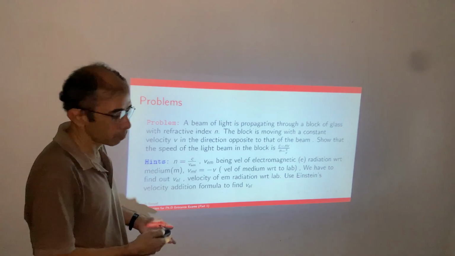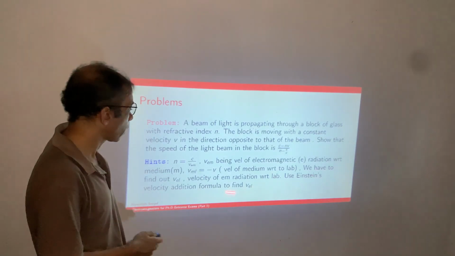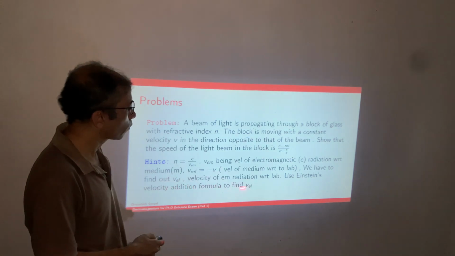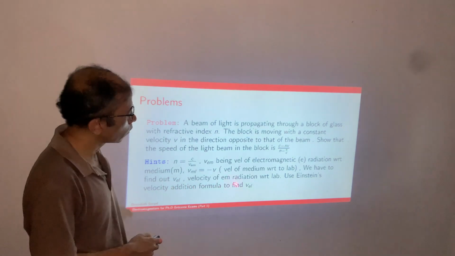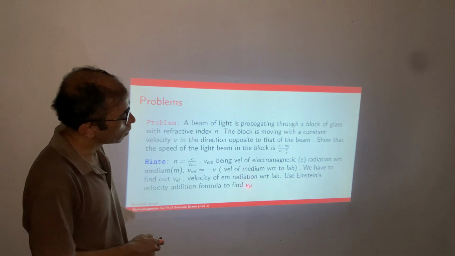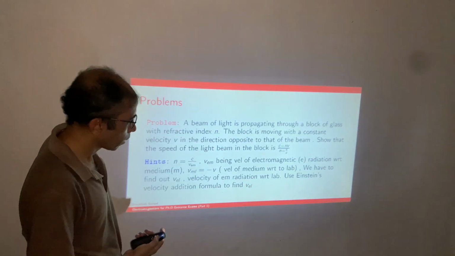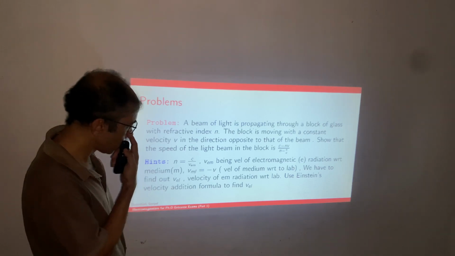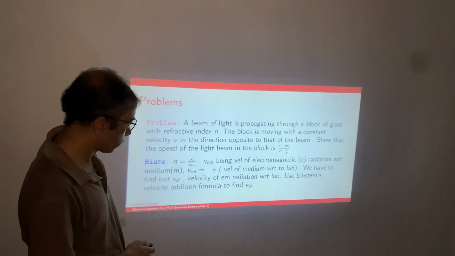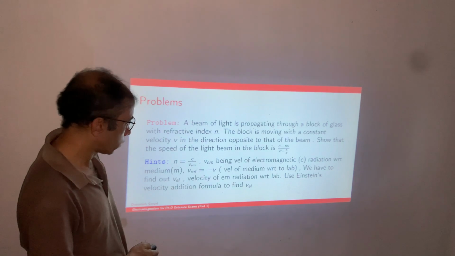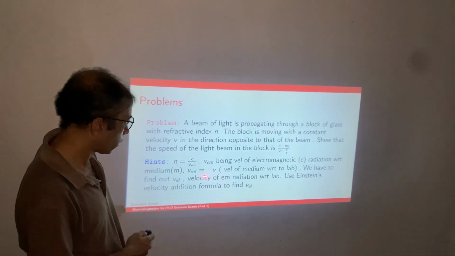So this is simple. We have to use Einstein's velocity addition formula to find the velocity of the electromagnetic wave with respect to the lab frame.